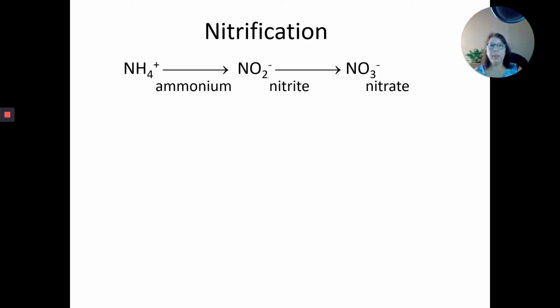Then you have here the process of nitrification. So you have there the ammonium, through a series of reactions with oxygen, or redox. Oxygen and hydrogen, the ammonium will be converted into nitrite and then later on nitrate.